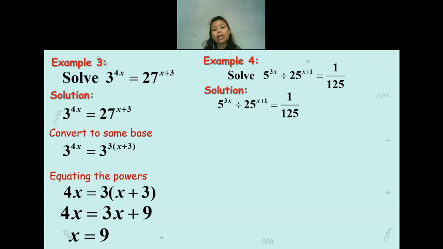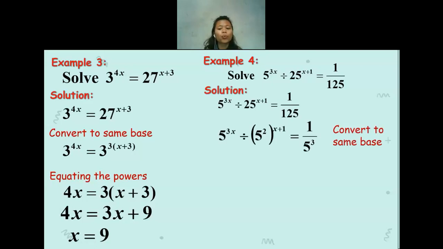Again, we have to change everything into the same base. So we have to make everything into powers of 5. The 5 will stay as it is. The 25, we can make it 5 to the power of 2. The 125, we can make it 5 to the power of 3.